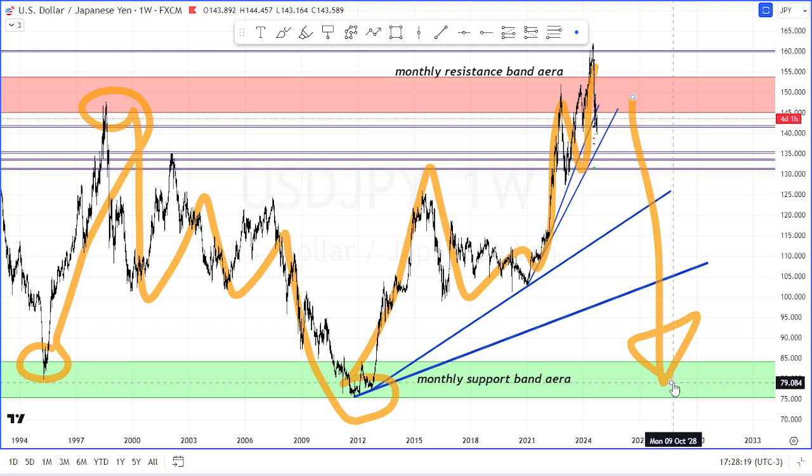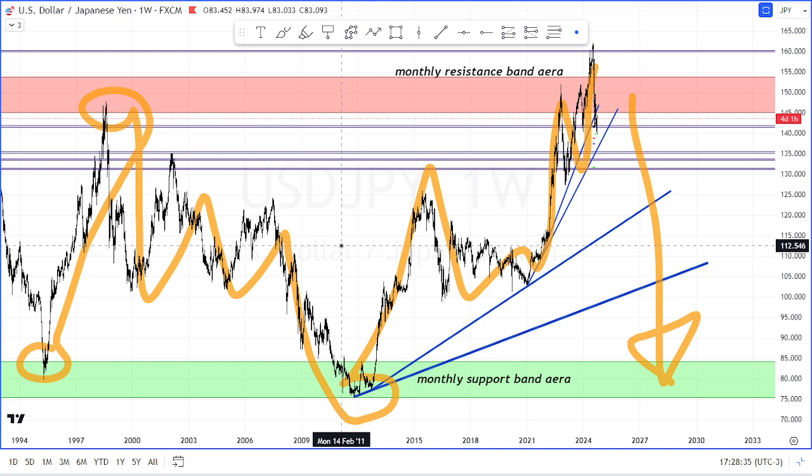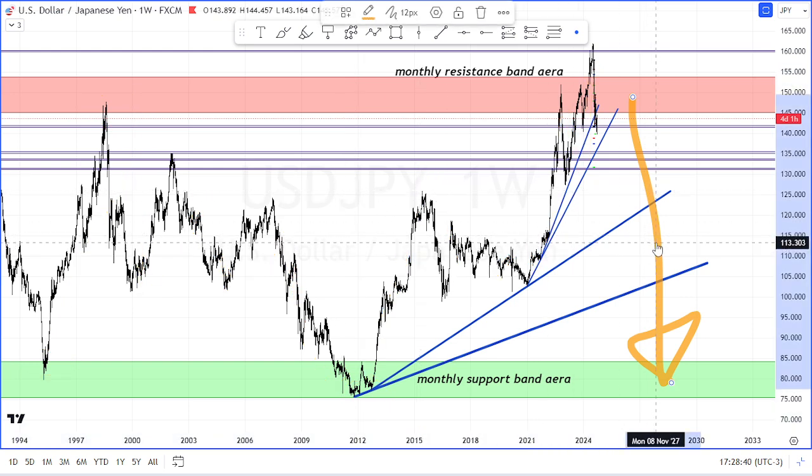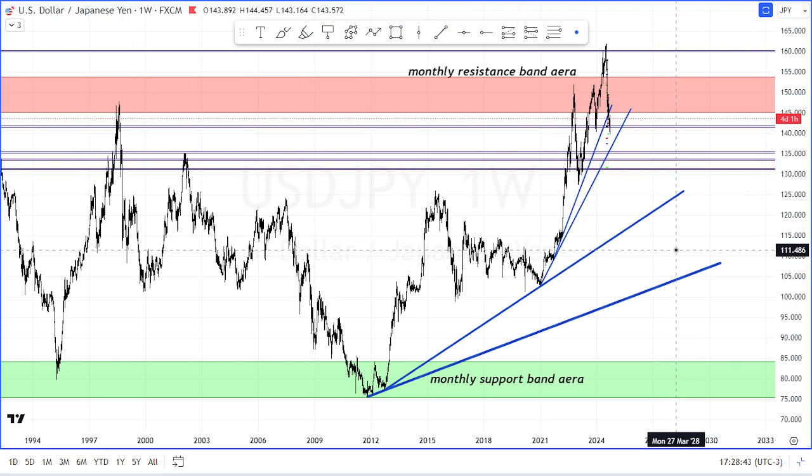This is how the forex market works, as I have seen. I'm a new guy in this business, but so far I've checked from AUD CAD all the way down to USDJPY, and the market moves between the bands on the monthly time frames. As beginner analysts or traders, we trade in the direction of the monthly bands. Long term, the view on USDJPY is that price is going to push down. We don't know what year or how many years, but long term we're expecting price to come back down here.